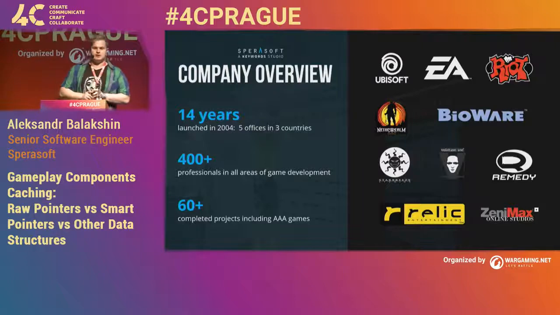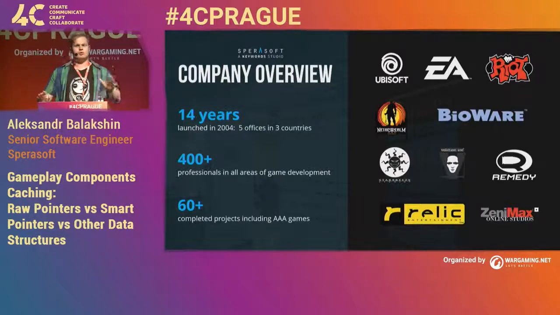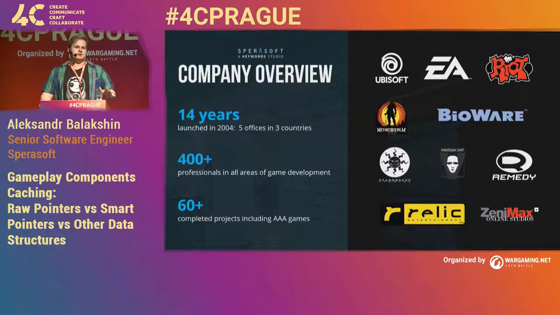A couple of notes about our company. Sperasoft is a worldwide known contributor to AAA game development, providing various service lines to such first-party companies as Ubisoft, Electronic Arts, Riot Games, Wargaming even, NetherRealms, and so on. We have existed since 2004, and for these 14 years, we've contributed to more than 60 games.